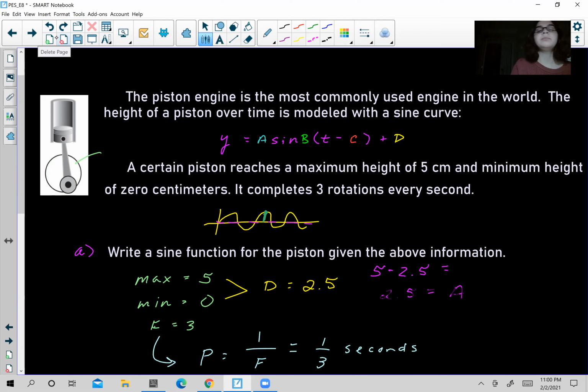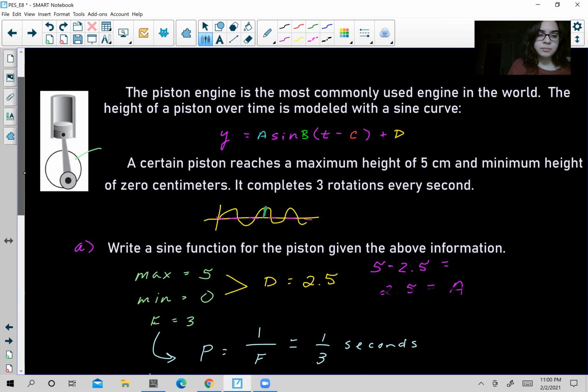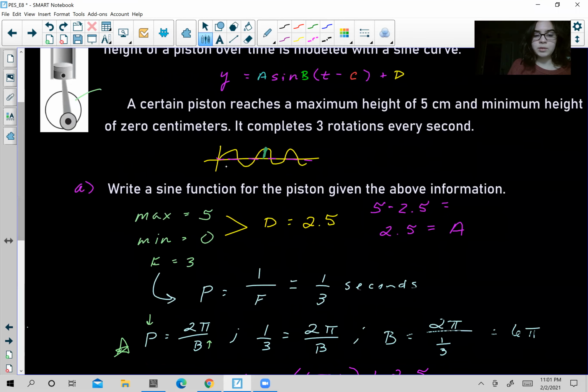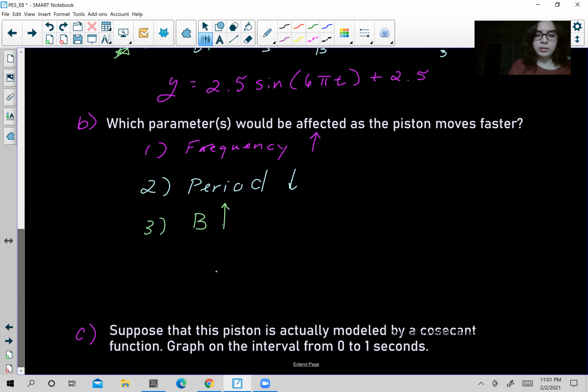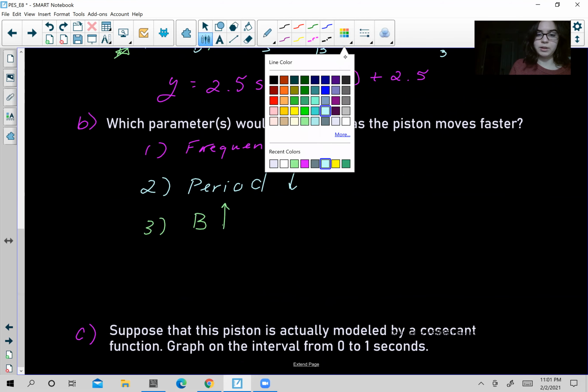It's not like it's moving in a wider circle, nothing like that is changing. It's just doing it faster. So amplitude is not going to be affected. And because that maximum and minimum height is not being affected, midline's not going to be affected. So really, it's just going to be our wave number.